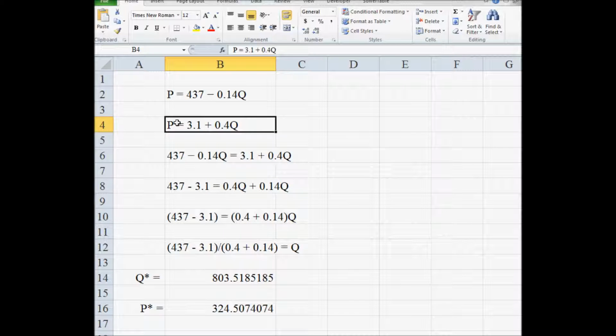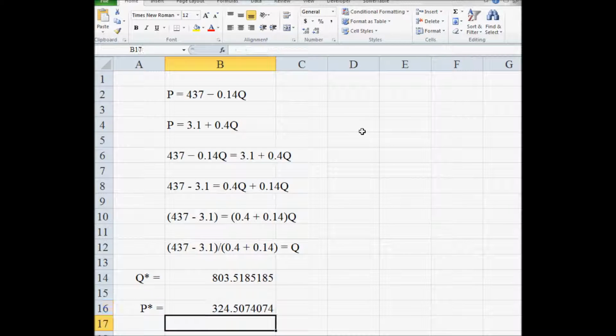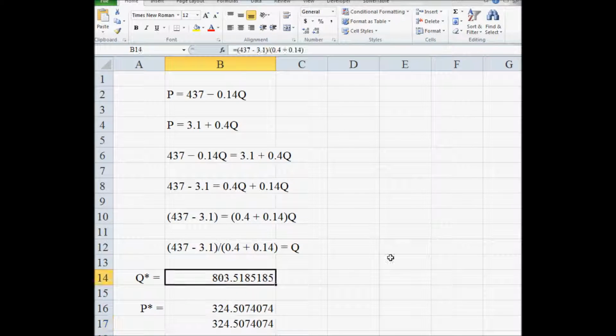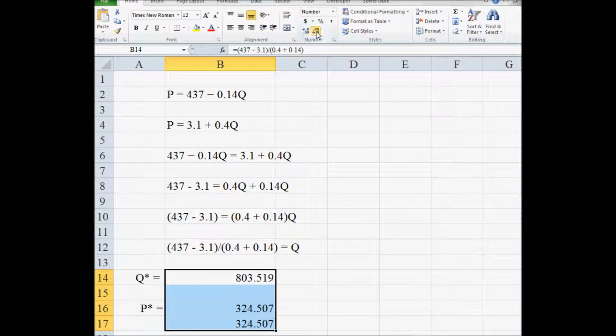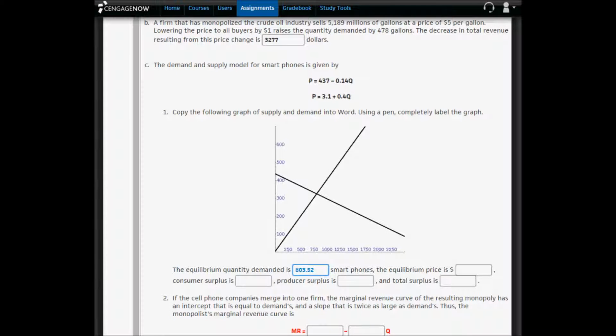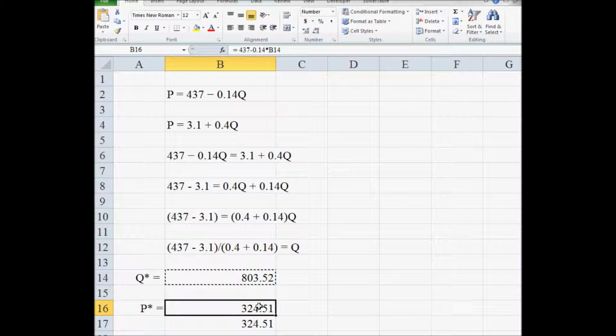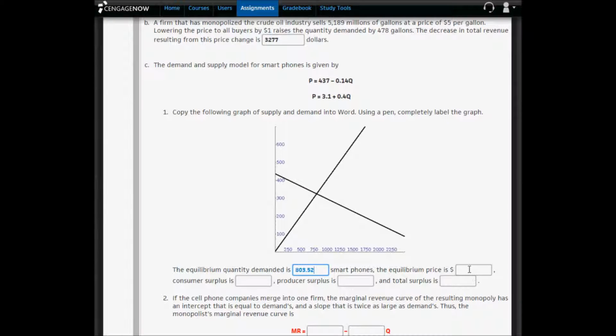Next, I want to double check to make sure that I did that right. So I'm going to grab the right-hand side of the supply equation and replace Q with that quantity. And I should get the same number, which I do. So the equilibrium price and quantity to 2 decimal places. That's the equilibrium quantity demanded and the equilibrium price.